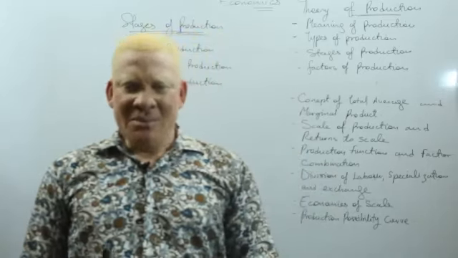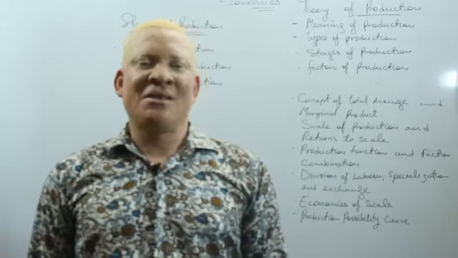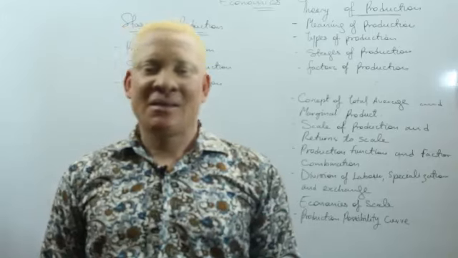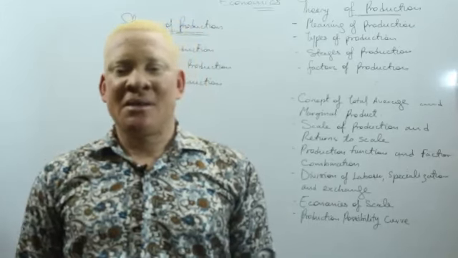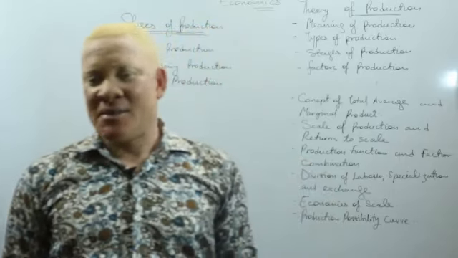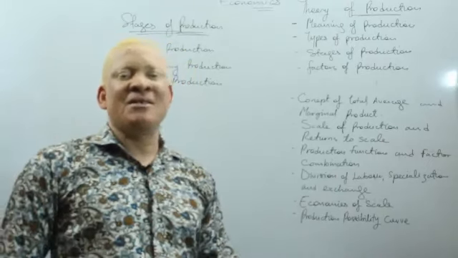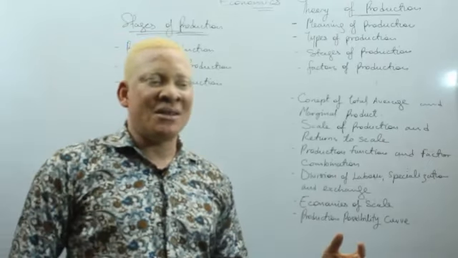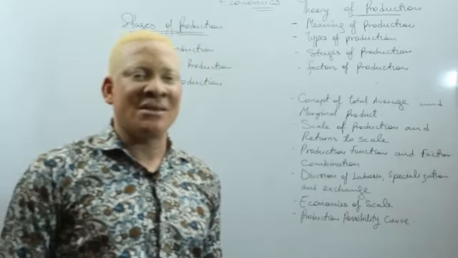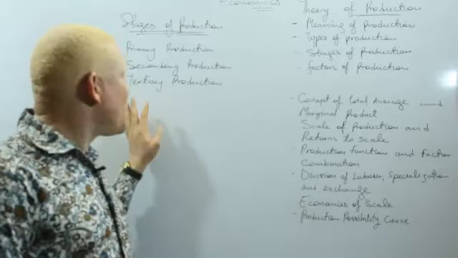Now, these kinds of things involve activities of the extractive industry, such as mining, quarrying, lumbering, fishing, farming, etc. Those things that actually bring out things from land or from the natural habitat or the natural resource, the things where they exist on land, those activities belong to the primary stage of production.